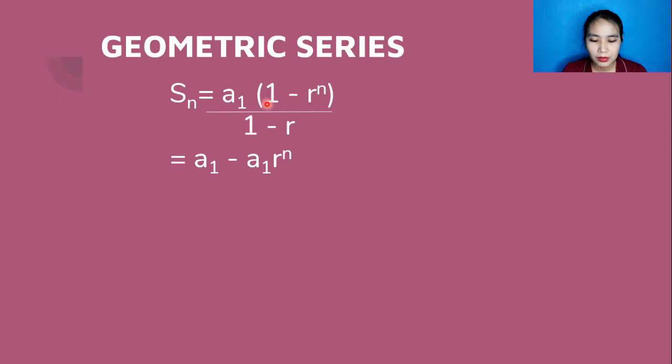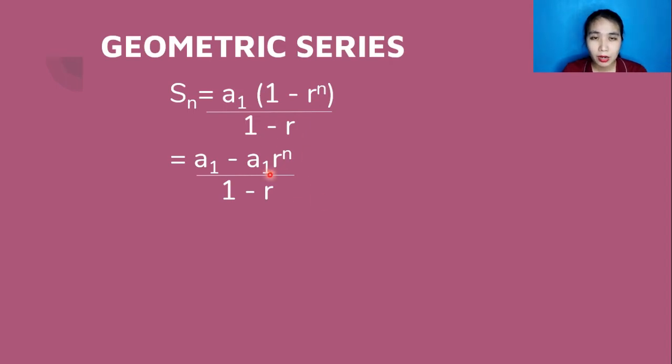A sub 1 times negative r raised to n is negative a sub 1 times r raised to n. And then we copy our denominator, which is 1 minus r. So again, we have a sub 1 minus a sub 1 times r raised to n over 1 minus r.